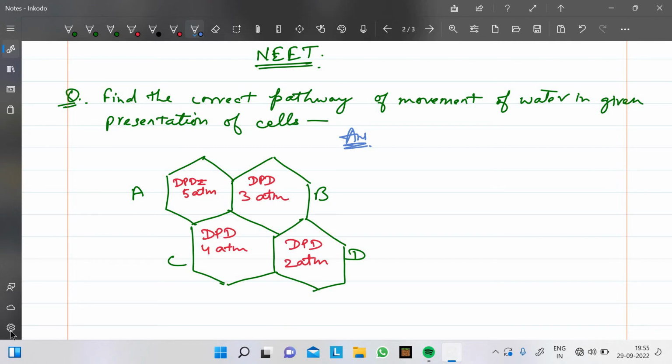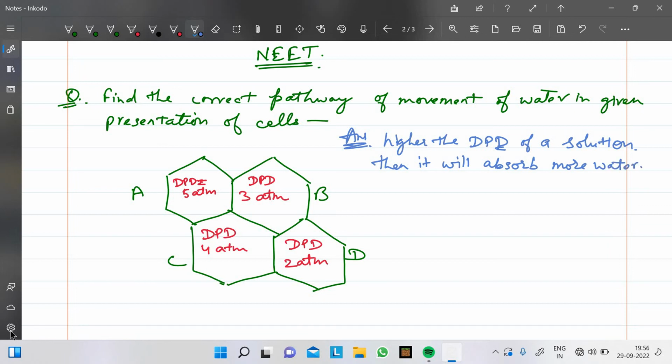Diffusion pressure deficit. Means higher the DPD of any solution, it will absorb more water. Higher the DPD of a solution means deficiency ज़्यादा है, then it will absorb more water.